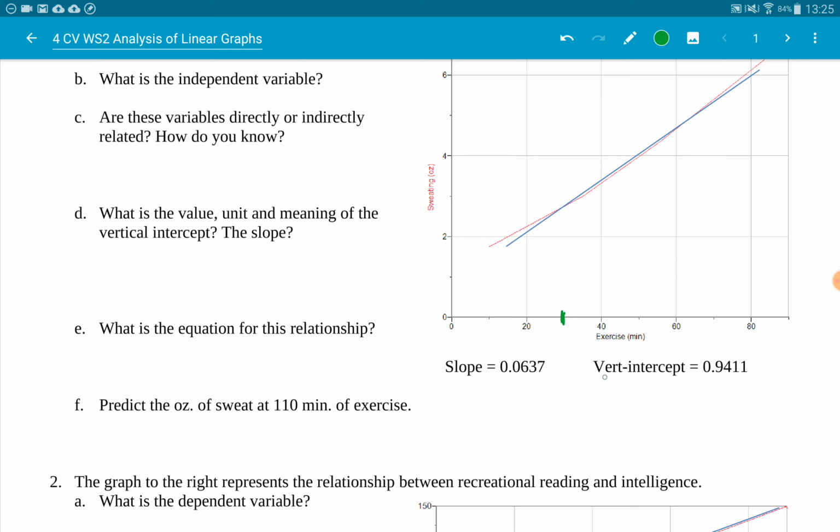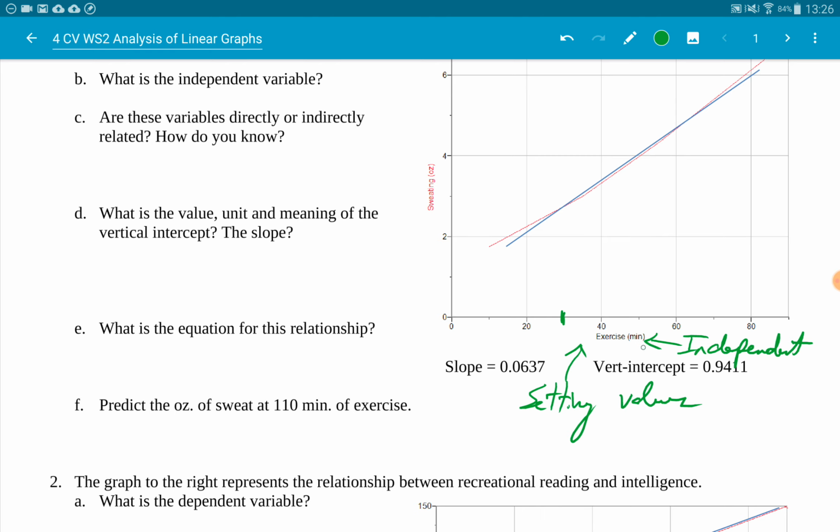So that means that you are setting values for exercise. And the ones that you set values for, that is your independent variable. We describe it as independent because it was not dictated by anything other than the fact that we found it easy to set those values.